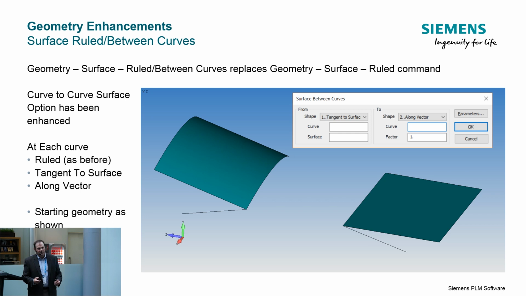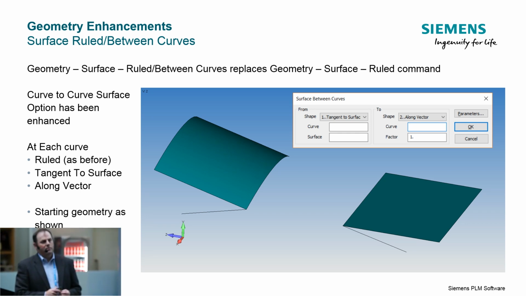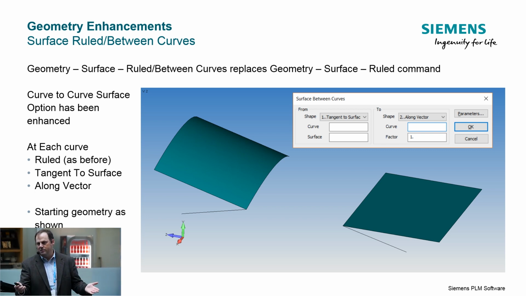When creating ruled surfaces, you simply used to just be able to pick one curve and another curve, and it would just create whatever surface the program wanted.